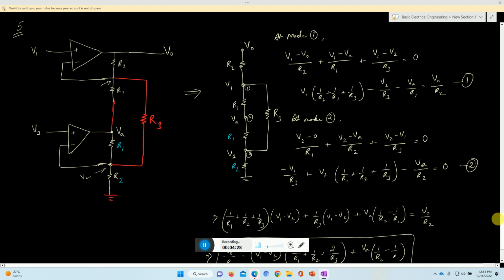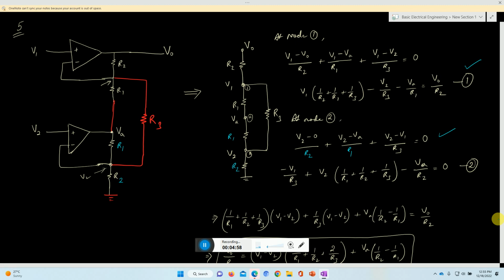The node 1 equation remains the same because node 1 does not have these R1 and R2 parameters that changed, but node 2 will have the difference. So instead of this, we have here R2 in the VA term, (V2 minus VA) divided by R1, and the rest remains like that.